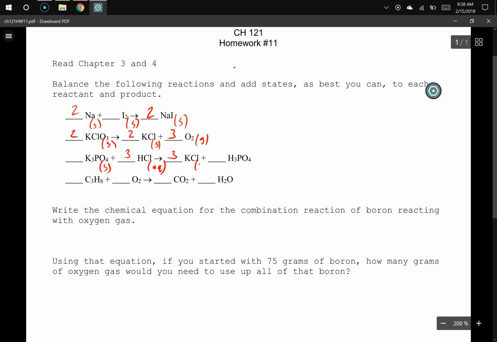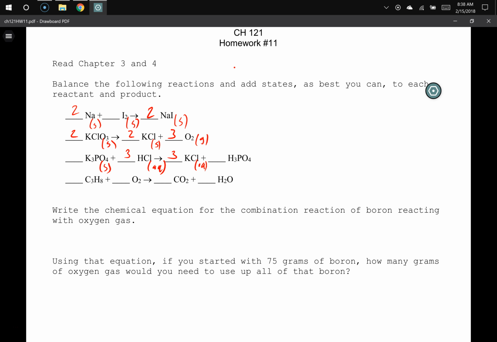It is aqueous. Why is this potassium chloride aqueous when in the last problem it was a solid? Because potassium. Oh, because potassium is soluble, and I was hoping you'd start off with there's water there, and potassium is soluble.